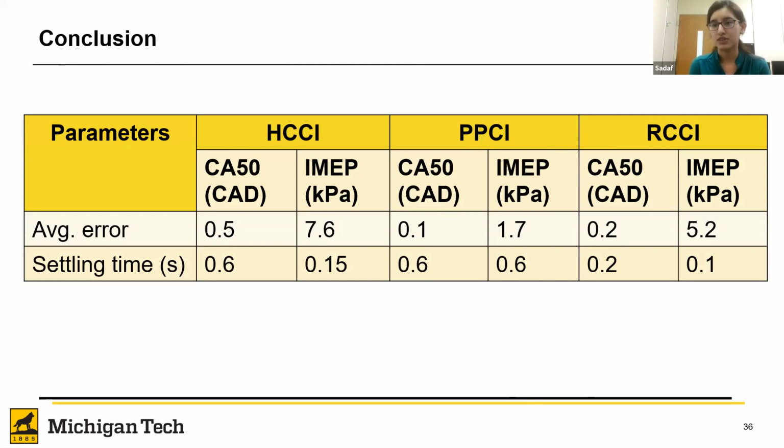For PPCI mode, both the parameters achieve their targeted value in 0.6 seconds, which is 4 engine cycles. For RCCI mode, combustion phasing takes 2 engine cycles, which is 0.2 seconds, and indicated mean effective pressure takes 1 engine cycle to reach the targeted value.